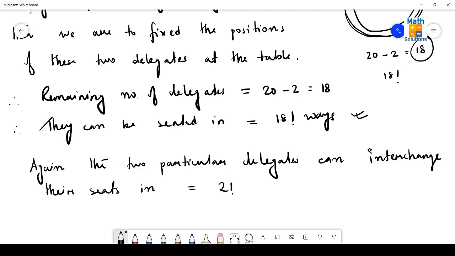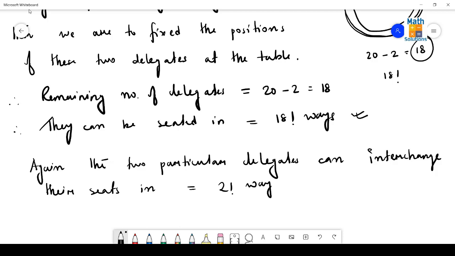Of course, 2 factorial ways. Means to the first person's place the second person can come, and to the second person's place the first person can go. So in 2 factorial ways they can be seated.